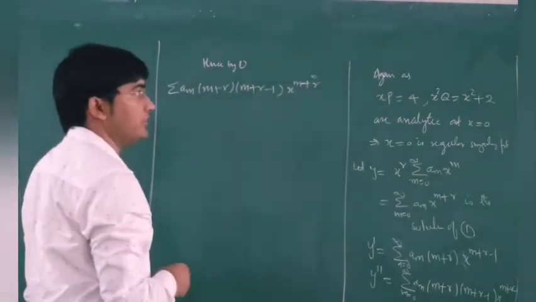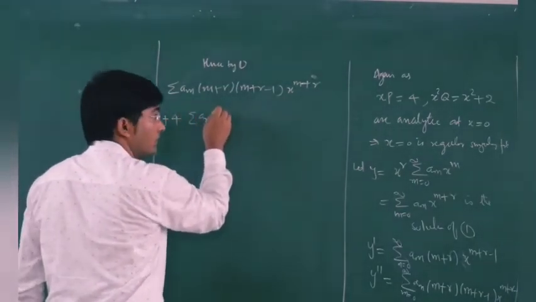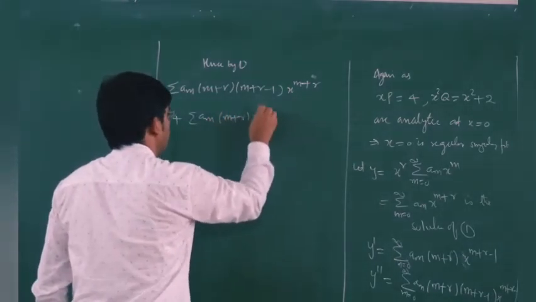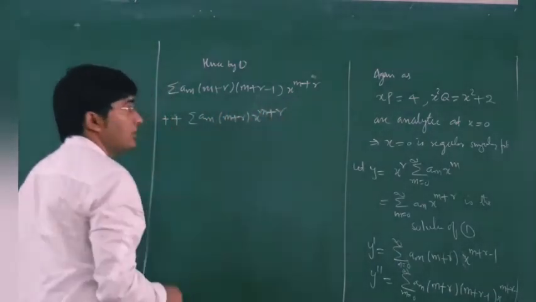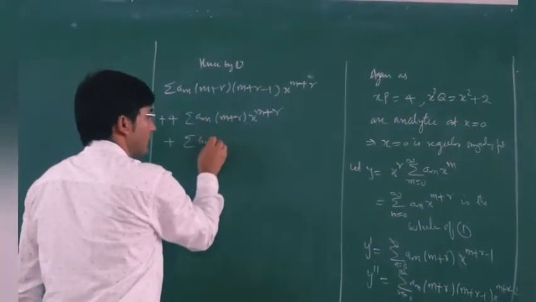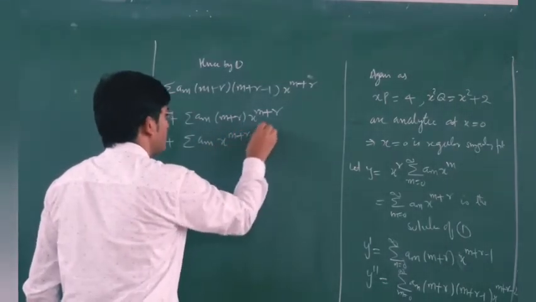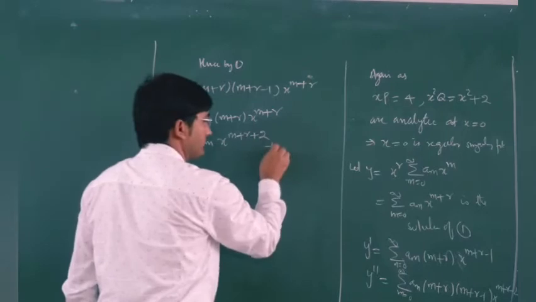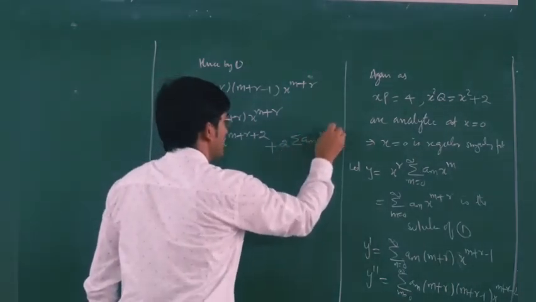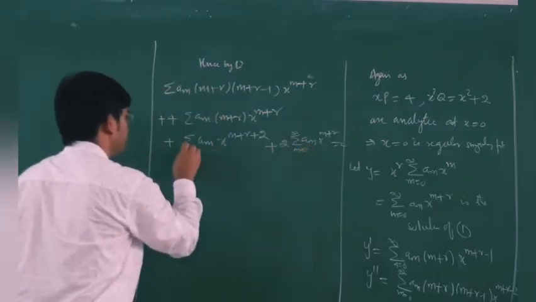The second term will be 4x y dash, so 4 times a_m (m plus r) x power (m plus r). Then we will have x square into y, that is a_m x power (m plus r plus 2), then plus 2 times y. So this is equal to 0, where the summation runs from 0 to infinity.